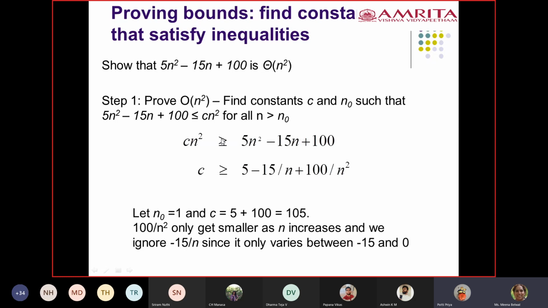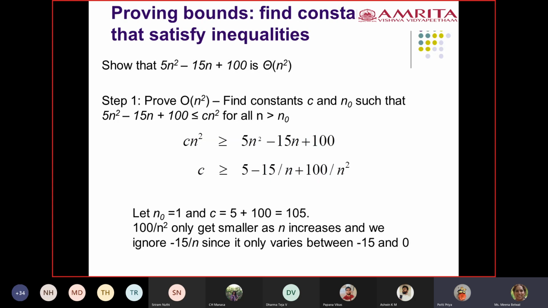We will be considering the bigger value itself, since that will be less than or equal to C n square. So we are finding out when this can be the bigger. Dividing by n square, 5 minus 15 by n plus 100 by n square is less than or equal to C.